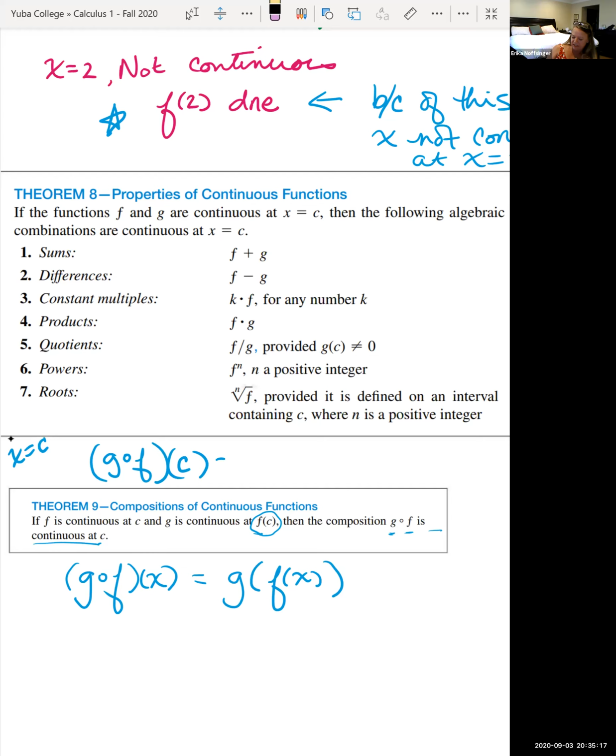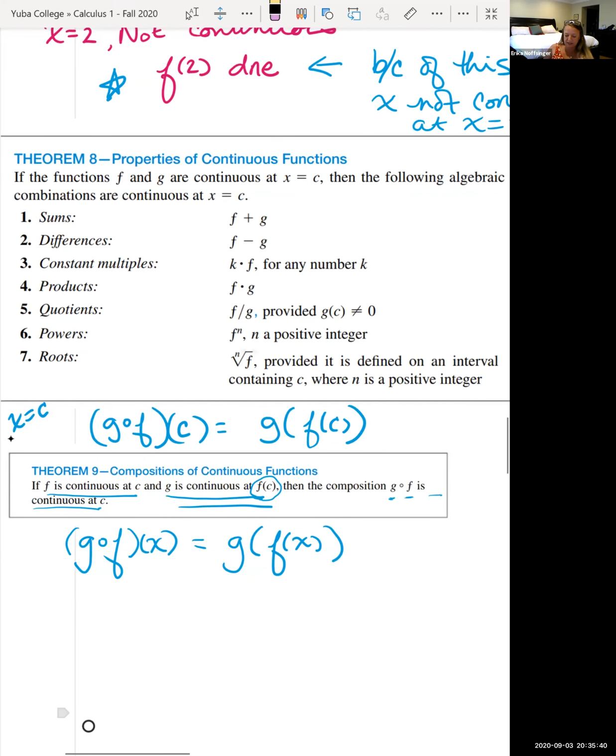Another way to write this is you're going to first plug c into the equation f of x. Well, we know f is continuous there. f of c is the y value we get back, and g of that y value is also continuous. And g is continuous there. Then we can say the composition is continuous.